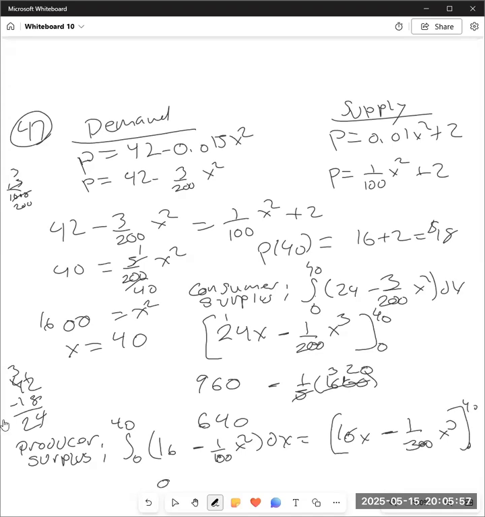That gives me 16 times 40, which is 640, minus 40 cubed over 300, 4/30, 2/15 times 40 times 40, which is 640 over 3.